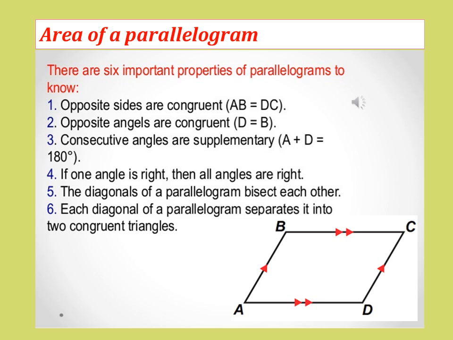So if we drop the diagonal from B to D, then we'll have 2 equal triangles, triangle ABD and triangle BDC. And if we drop the diagonal from A to C, then we'll have 2 congruent triangles, that is triangle ABC and triangle ADC.